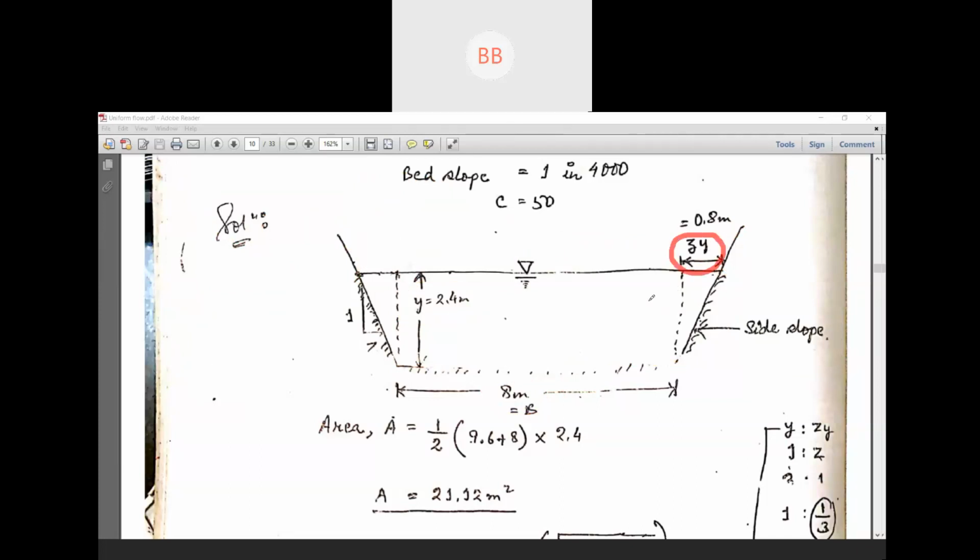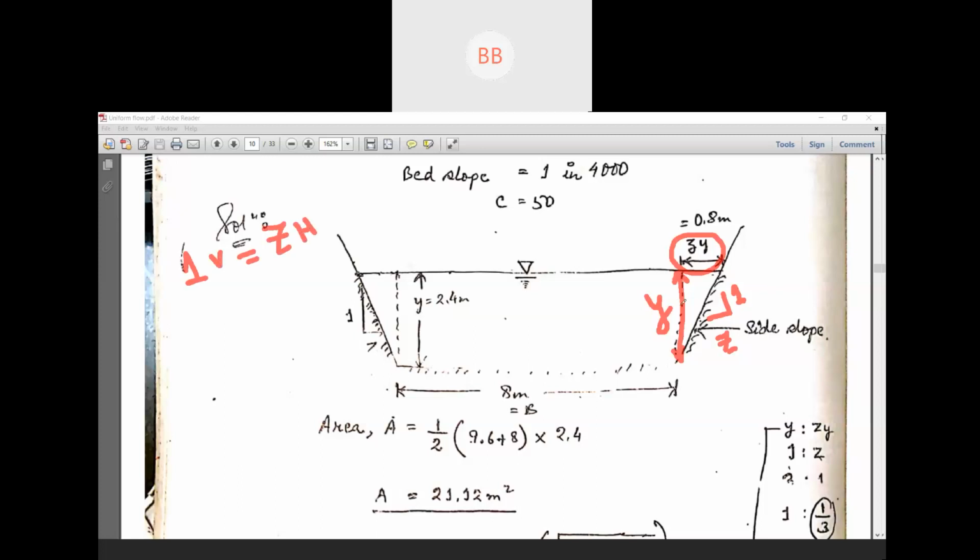So why is it called ZY? Suppose this is our depth of flow from here to here, and we have considered that as Y. And side slope is nothing but your 1 is to Z. When we consider side slope, we have one vertical distance and one horizontal distance. That is, one vertical is equal to Z horizontal.